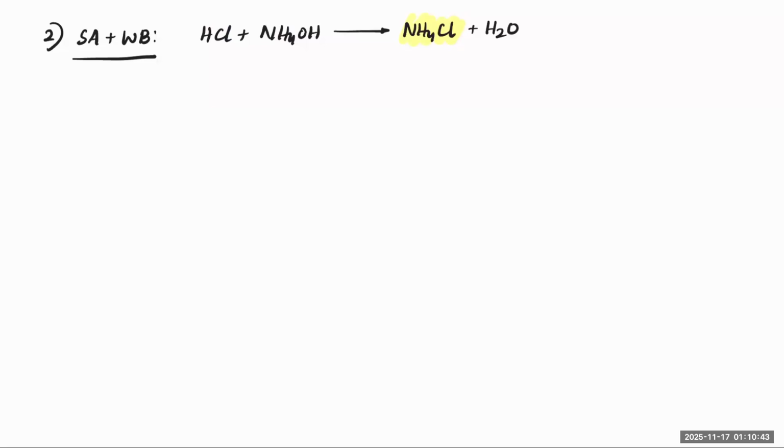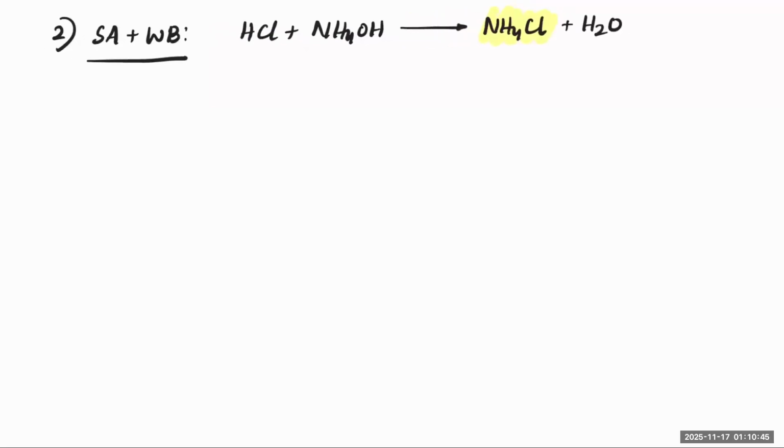If that is the case, the first thing you need to write is NH4Cl in aqueous solution, because being a salt, you expect it to ionize completely, which means if the salt concentration is C naught here, this will completely get dissociated into the formation of C naught and C naught.